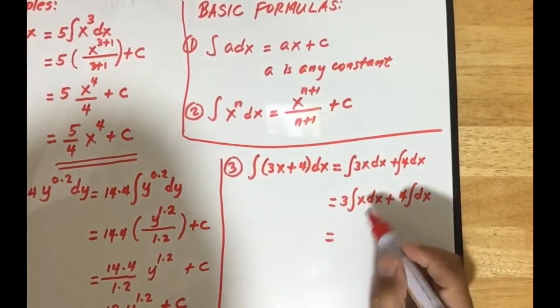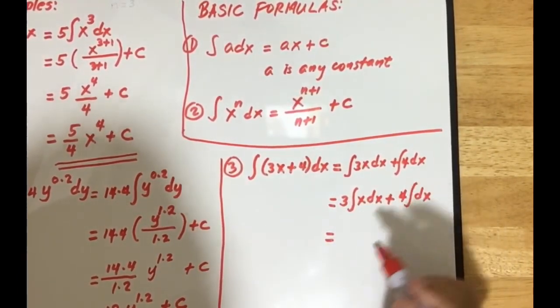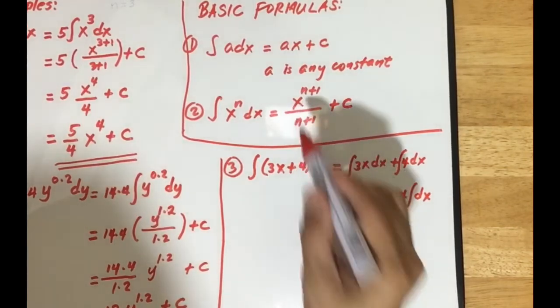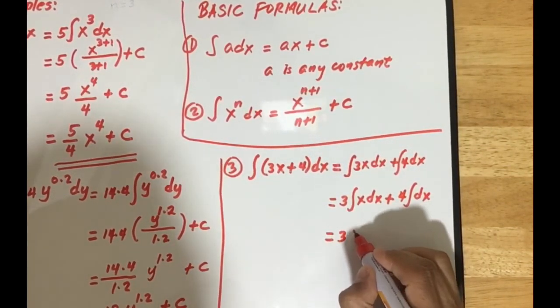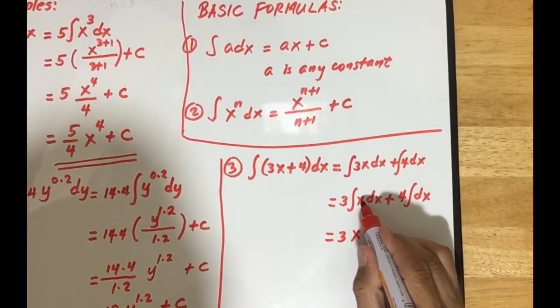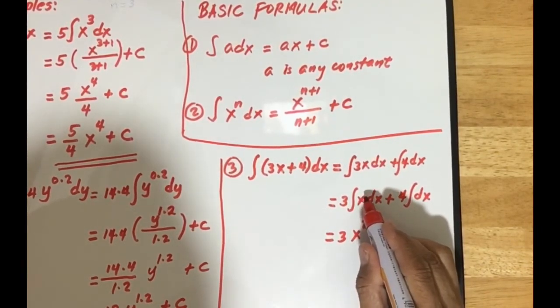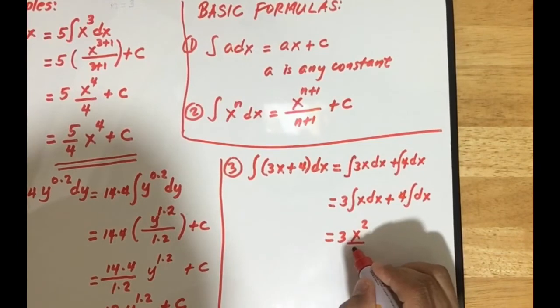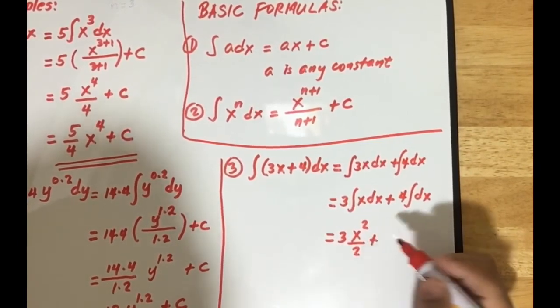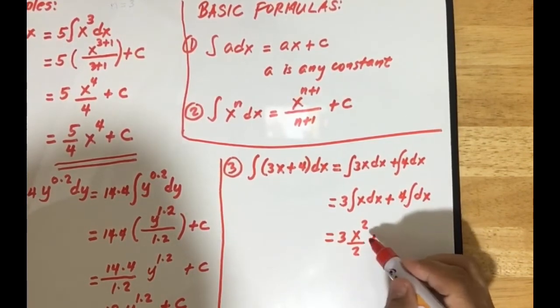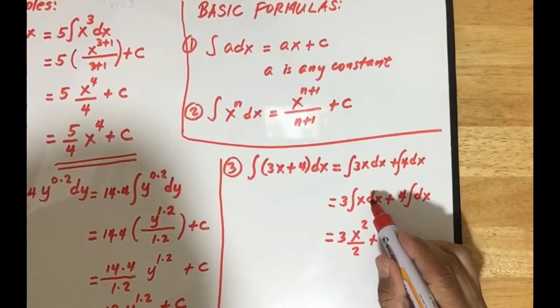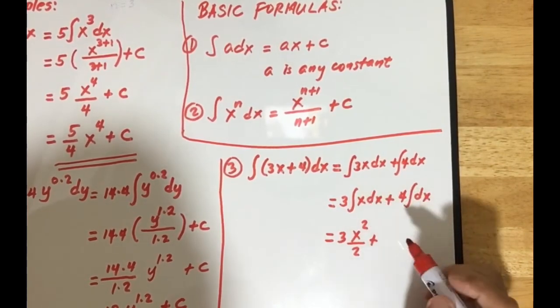For the first term, you just apply the power rule. So this would be 3 times x to the power 2, because n here is 1 and 1 plus 1 is 2, then divided by 2, plus c1 for the constant of integration for this first term.